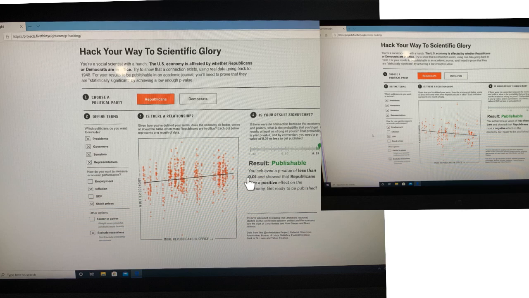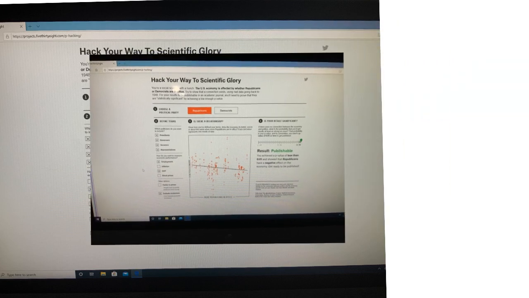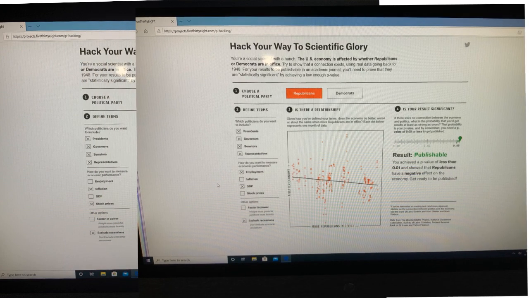Okay, so now if you change this a little differently, like in this case over here, I just changed the categories here. The categories are a little different, right? Instead of using these categories, I use these categories. Now look at this. Now you can show that Republicans have a negative effect on the economy. So now you can go on CNN.